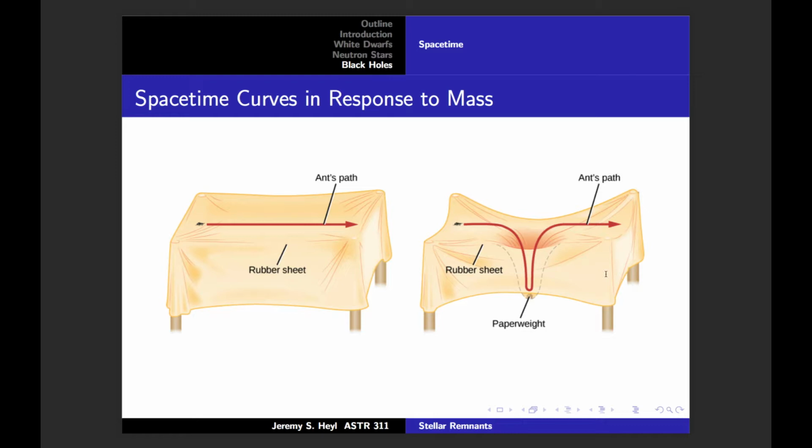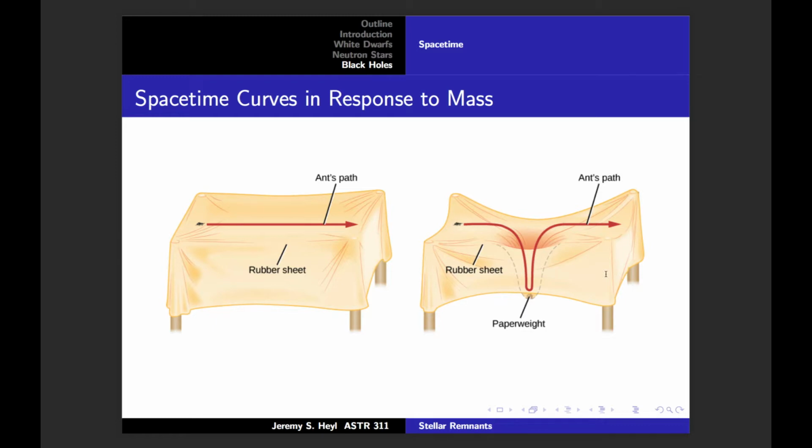So what he said is that what gravity does, what mass does, in fact, is it distorts space-time. So how do you measure whether two things go in a straight line, for example?